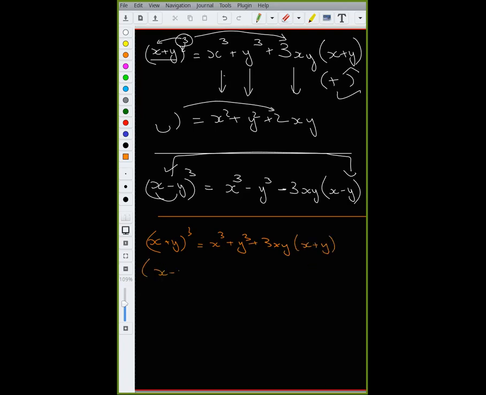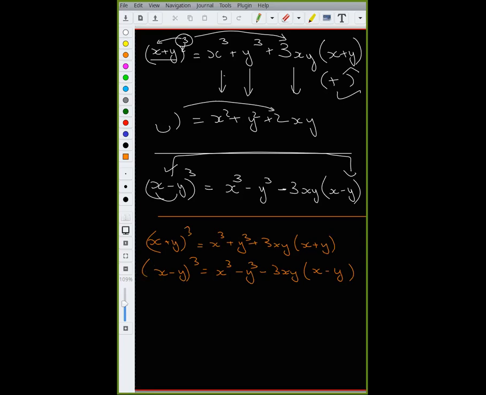Similarly, x minus y, the whole thing cubed will be x cubed minus y cubed minus 3xy into x minus y. All minuses, remember this, whereas in plus, everything is plus.